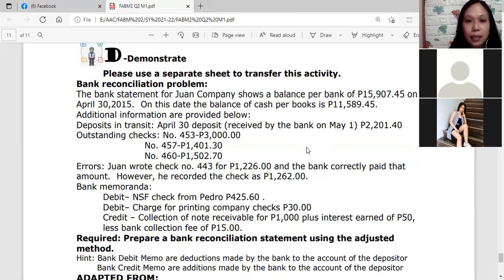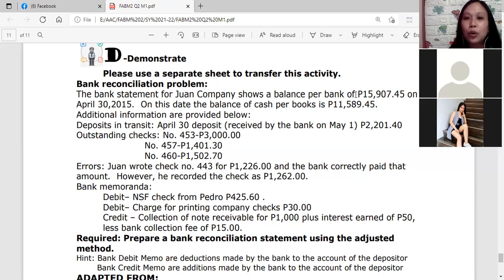It's August 30, 2015. And then there are two columns there. The column on the right is for the bank balance. The column on the left is the book balance, from the company's balance. And then you just have to put all the necessary information needed.